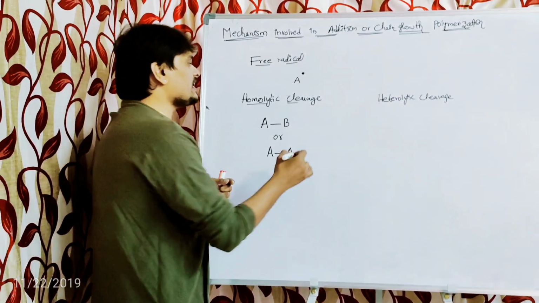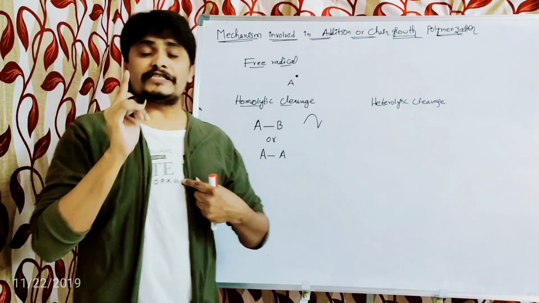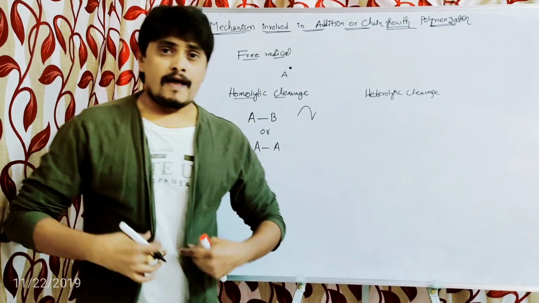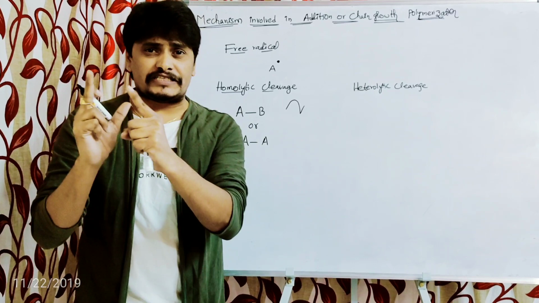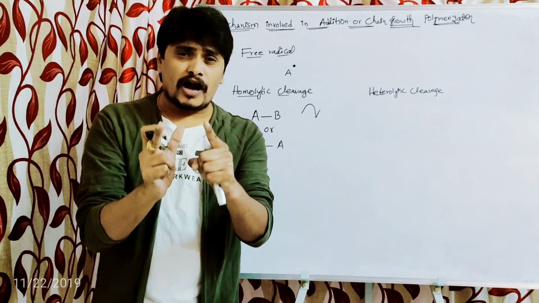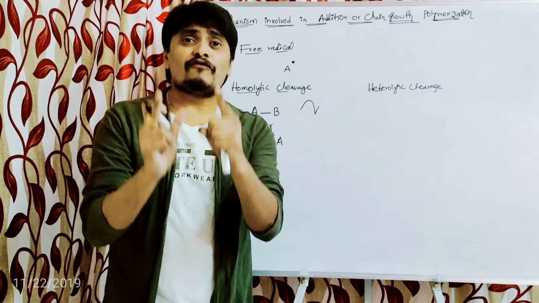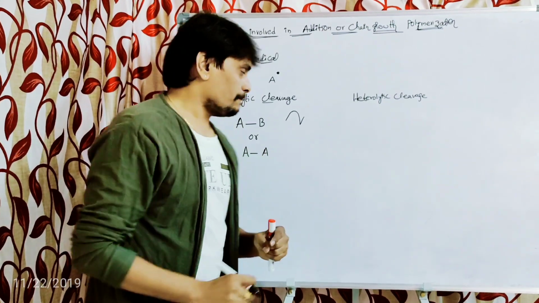And homolytic cleavage can be represented by a fish-hook arrow mark. After the homolytic cleavage, whatever atom is at the head part of the arrow mark and the tail part of the arrow mark, both get a free radical only.